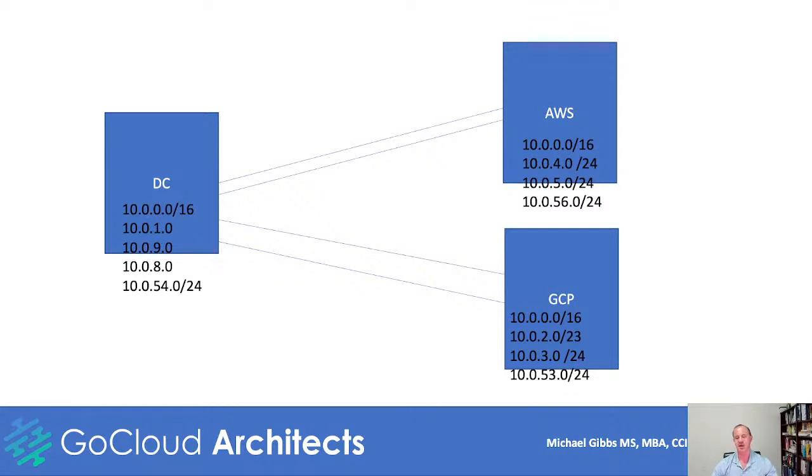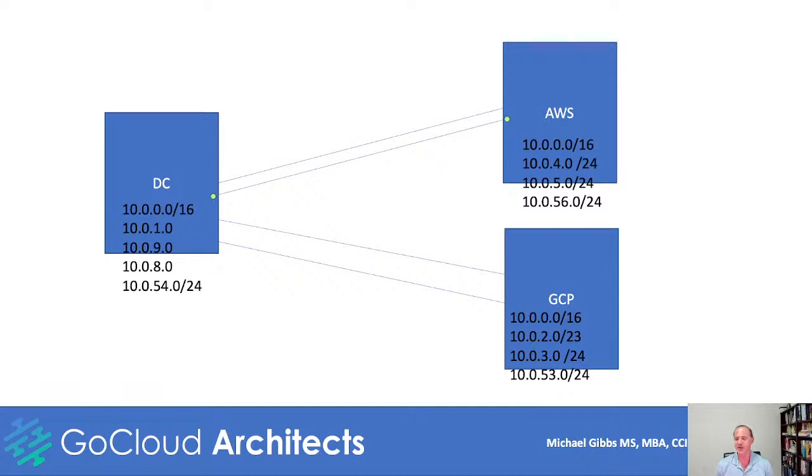Now, in this data center, can AWS send me a 10.0.0.0/16? Can Google send me a 10.0.0.0/16? Can Google say, I own every single subnet from 10.0.0.0/16 all the way to 10.0.255.255?